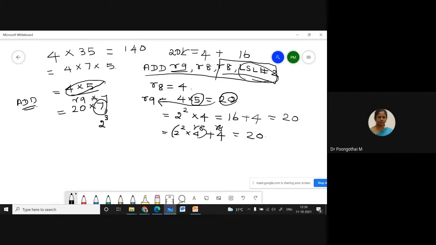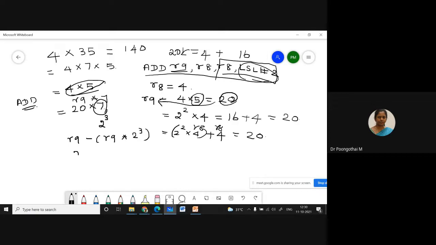Again you have to subtract. 2 power of 3 is 8, but the multiplier is 7, so you have to subtract the multiplicand by 1 time. So this can be written as R9 minus R9 into 2 power of 3.